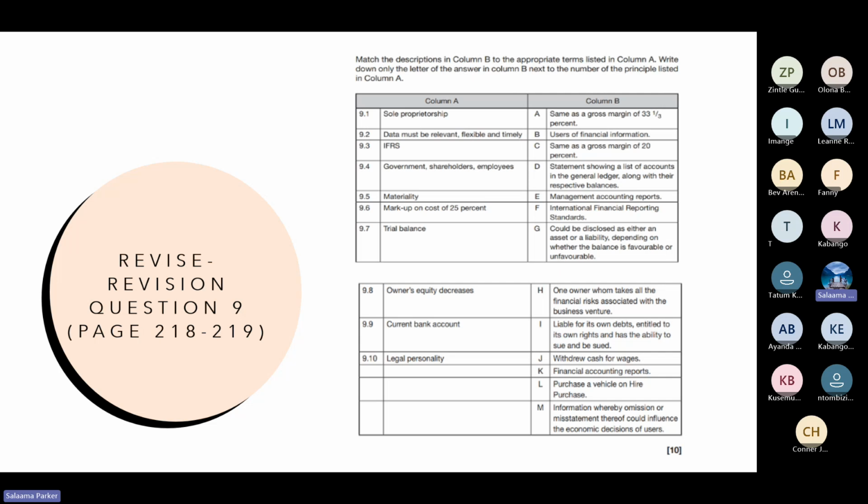So that answer is correct there. What is a trial balance? I'm hoping you know what a trial balance is. Very good, showing a list of balances. That's correct. Owner's equity decreases. When does owner's equity decrease?